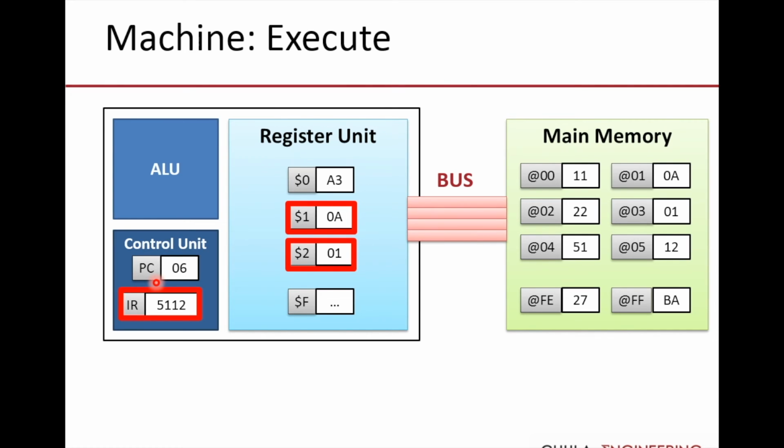First, it will bring in the contents of registers 1 and 2, which in this case contain the values 0A and 01, and send those values to the ALU. The ALU will perform the addition. Once it's completed, it will store the data back into register 1, as indicated by the instruction.